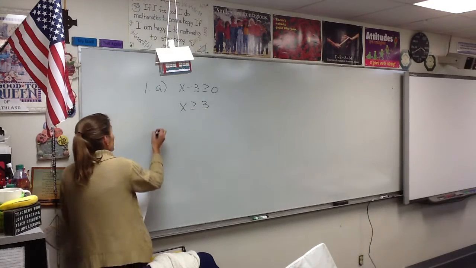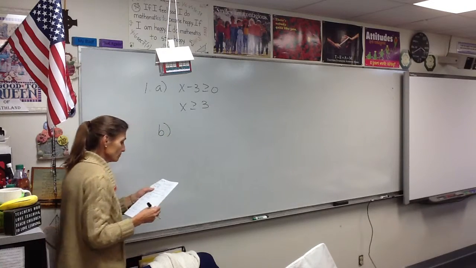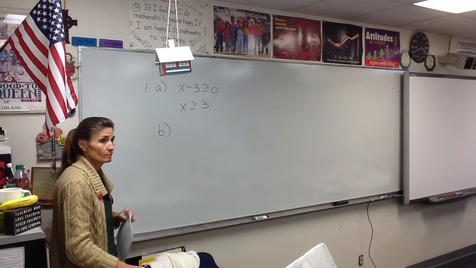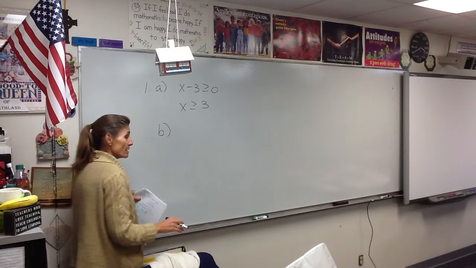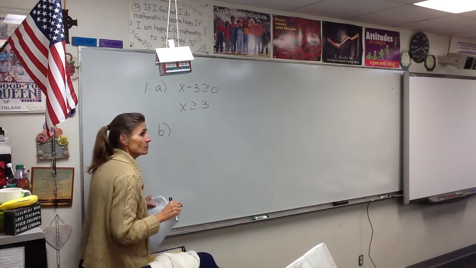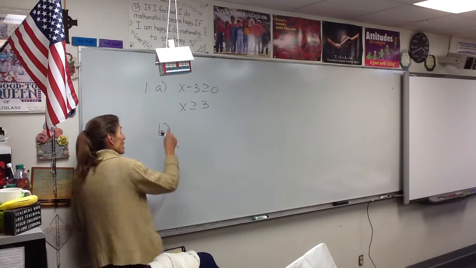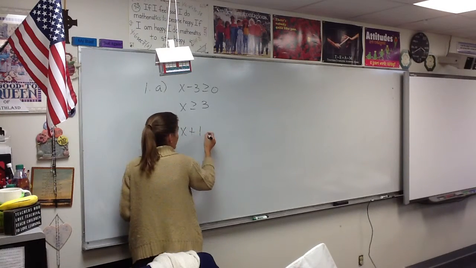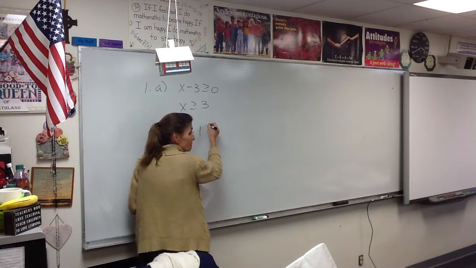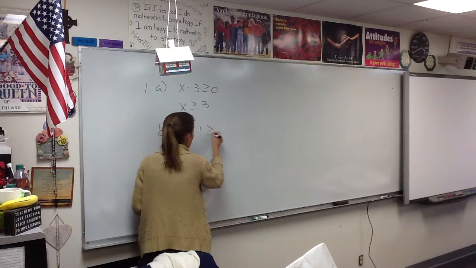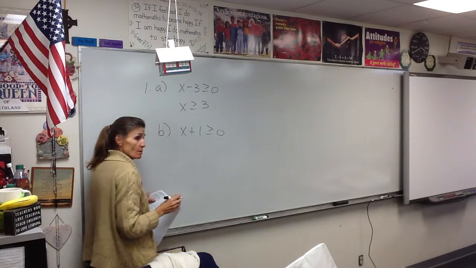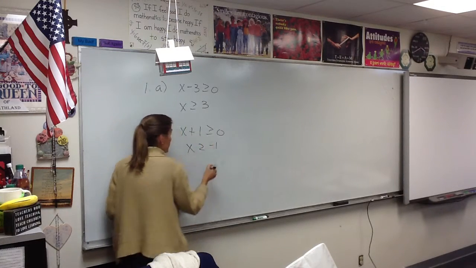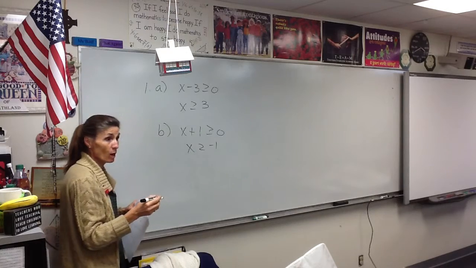All right, what about B? Tough problem. We have another radical, don't we? And a denominator, one at a time. Let's deal with the radical, since we just practiced. What do I know about x plus 1? It's got to be bigger than or equal to 0, which means x has to be bigger than or equal to -1.